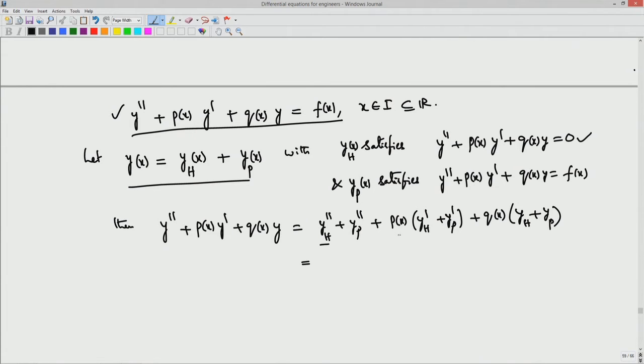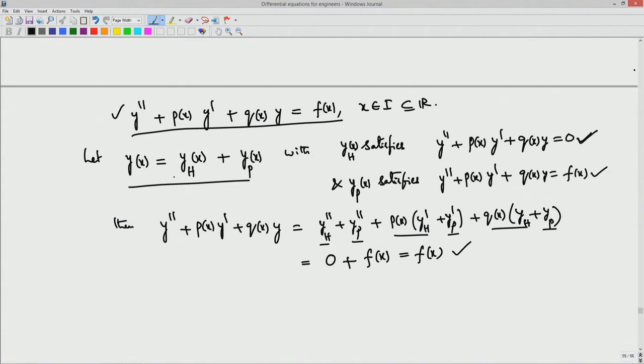You collect these terms. Because yh satisfies the homogeneous equation, that part will be 0, plus yp double dash plus px yp dash plus qx yp, and because yp satisfies the equation, this will give fx. So the sum of yh and yp will satisfy the actual equation.